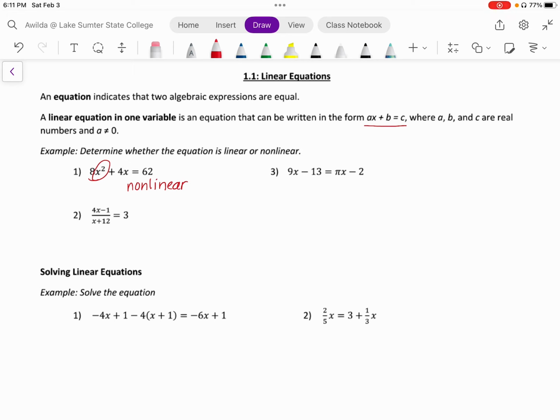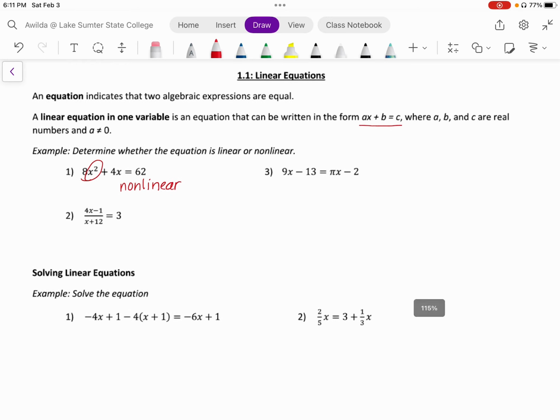In the second case, we have 4x minus 1 divided by x plus 12 is equal to 3. And this is not linear either, because even though we technically could multiply both sides by x plus 12 and get the desired form, in doing so, we're going to introduce what is known as a possible extraneous solution by violating some restrictions.